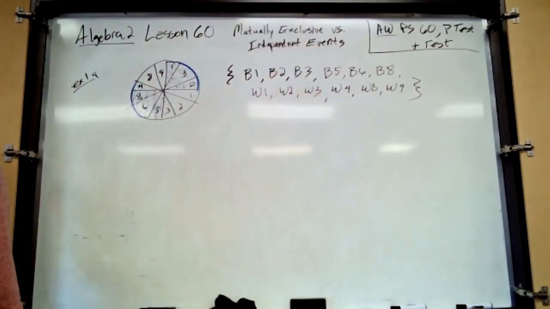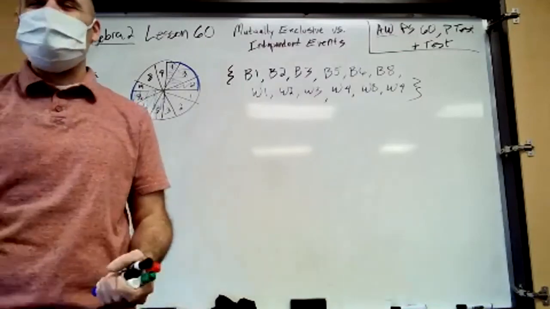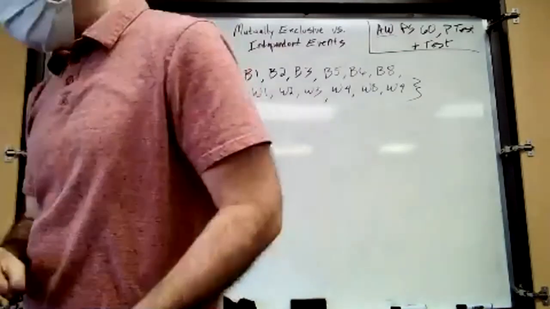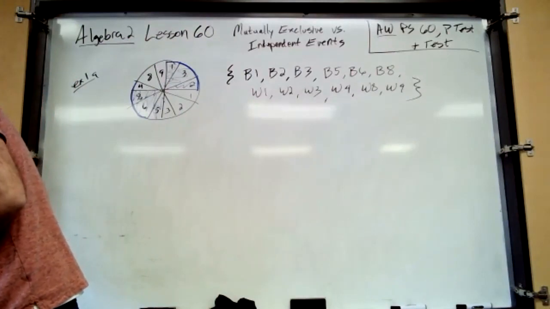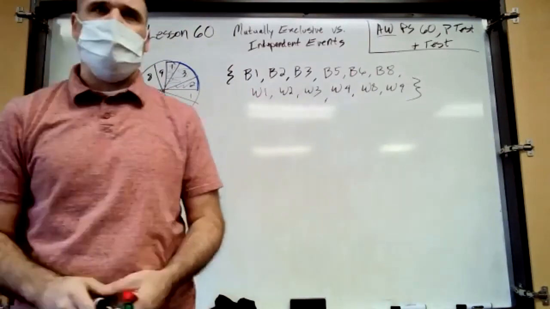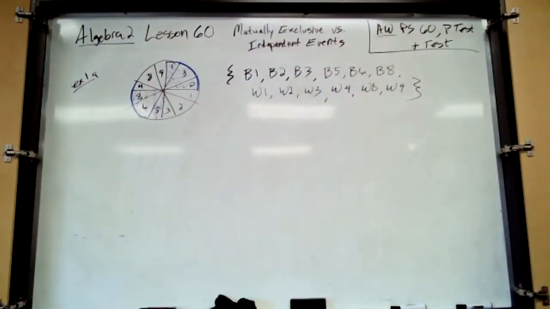Determine whether the compound events described are disjoint events or inclusive events. Is this disjoint or inclusive? A, the spinner landing on a blue sector and the spinner landing on a 4. Are those disjoint events or are they inclusive?